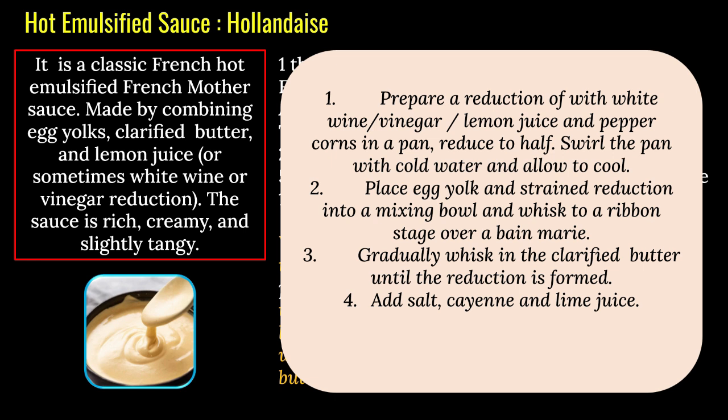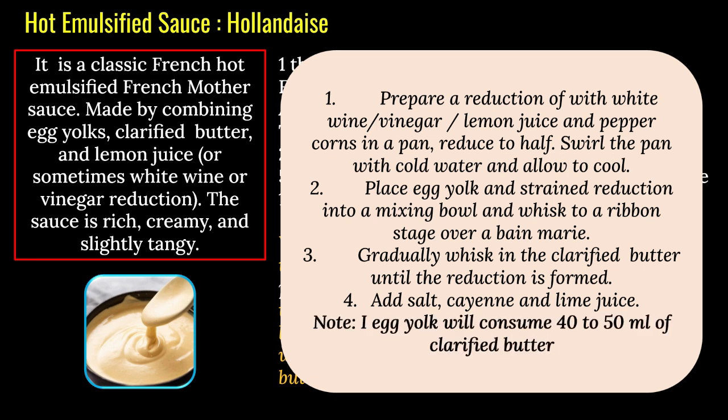The sauce is ready. Now, one important aspect, one egg yolk in the Indian context will consume 40 to 50 ml of clarified butter, that you should remember. Okay, that is the method of making a hollandaise sauce.